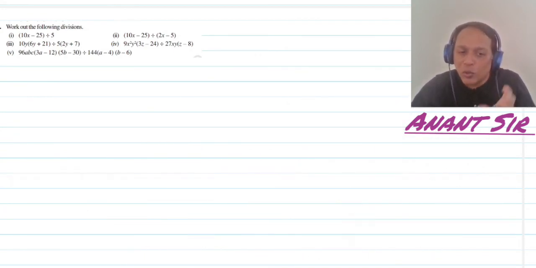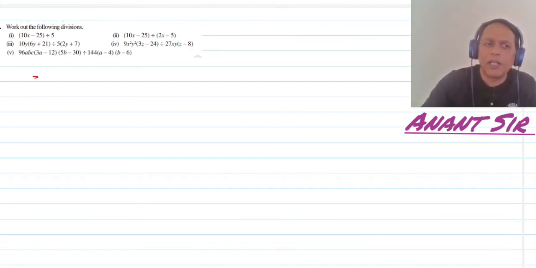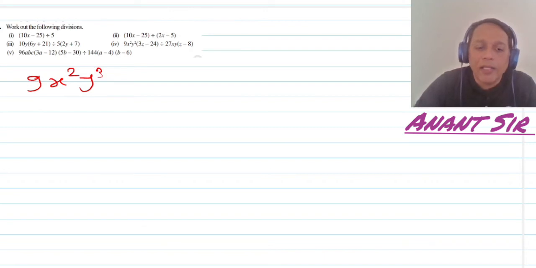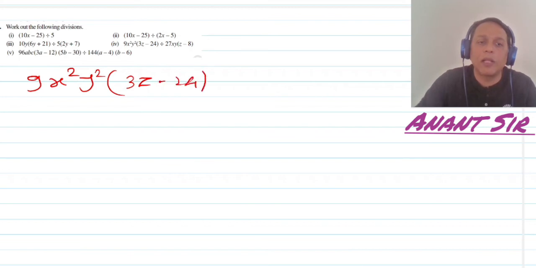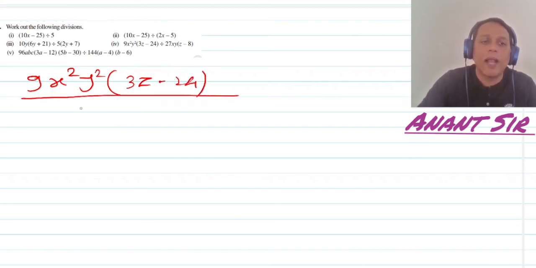I am going to do it directly now. Let's see whether you can understand that. 9x square y square multiplied by (3z minus 24), divided by 27xy into (z minus 8).